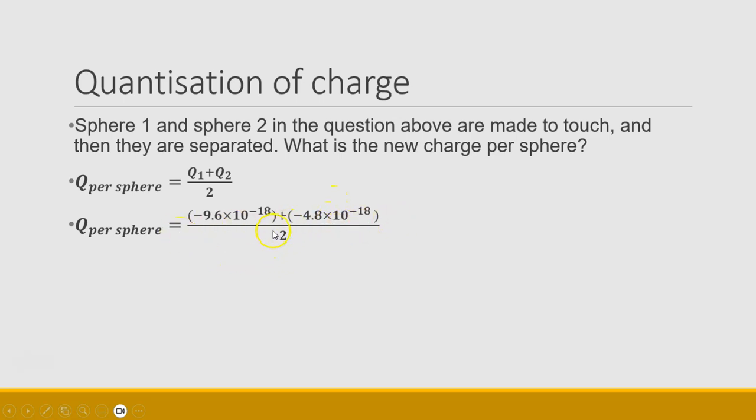And we divide that by 2, so that now we can identify that the new charge per sphere is going to be negative 7.2 times 10 to the minus 18 coulombs. So sphere 1 started with this charge and ended with this charge. And sphere 2 started with this charge and ended with this charge.